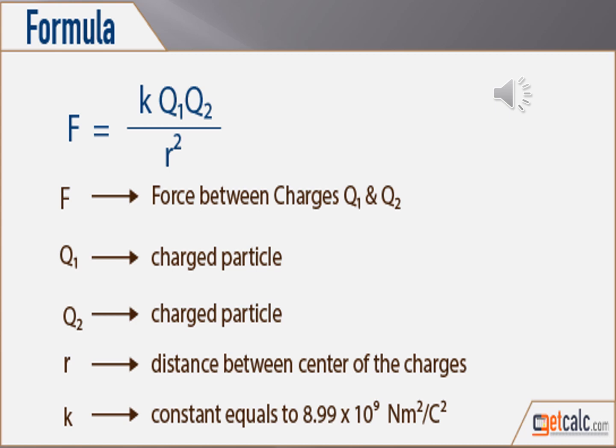F is the force between charges q1 and q2, where q1 is one charged particle, q2 is the other charged particle, r is the distance between the centers of the charges, and k is the constant, equal to 8.99 times 10 to the power 9 newton meter squared per coulomb squared.